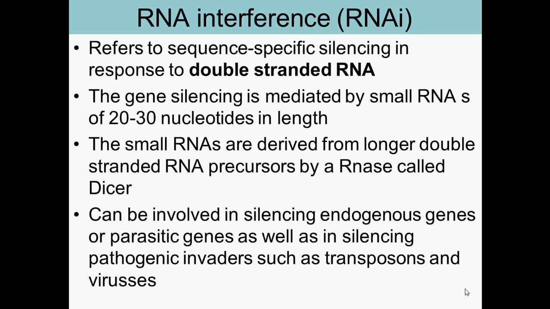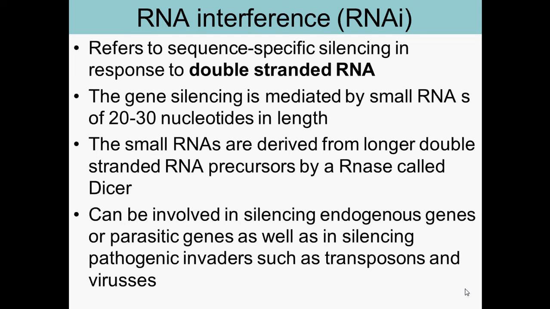So RNA interference. They're double-stranded RNA. That's a key point. Double-stranded RNA, and they're 20 to 30 nucleotides in length, and they're derived from a longer base pair sequence, and they are cut by Dicer in the cytoplasm, so they can silence endogenous genes or parasitic genes, or pathogenic invaders such as HIV virus can be silenced.